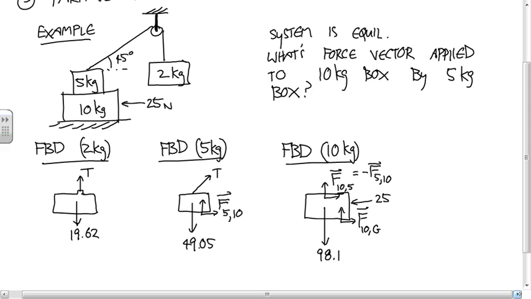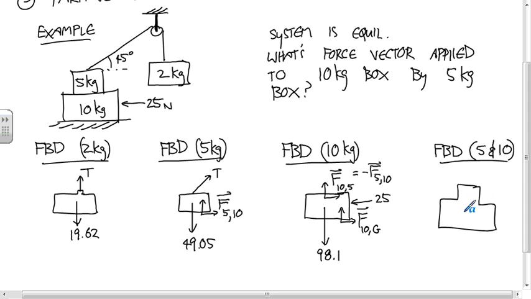Another thing that often can be useful is to lump the 5 and the 10 together. So for this one, we have a weight. The mass is 15 kilograms. So the weight is 147.15.